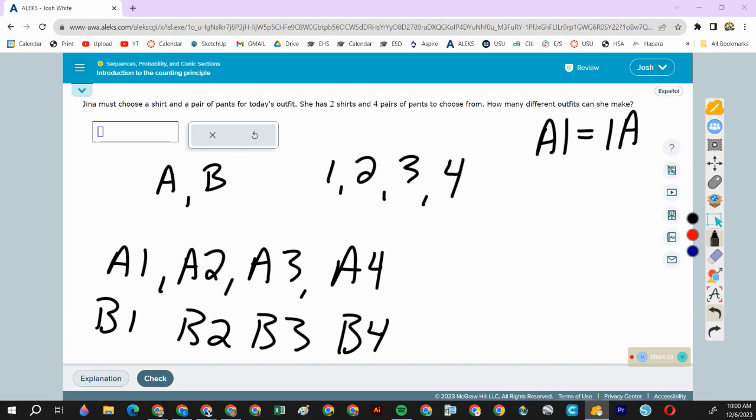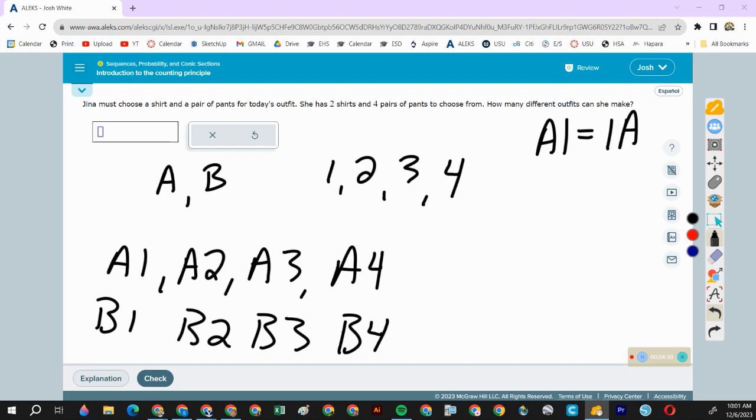So what if we're choosing the valedictorian and salutatorian of Emory High? Is A1 different than 1A? Not for most people, but for those 2 it is, right? If person A is the valedictorian and person 1 is the salutatorian, that is different than person 1 being the valedictorian and person A being the salutatorian. Okay.